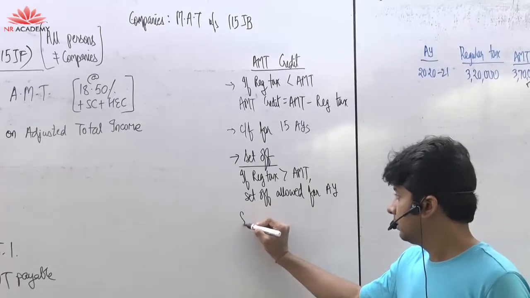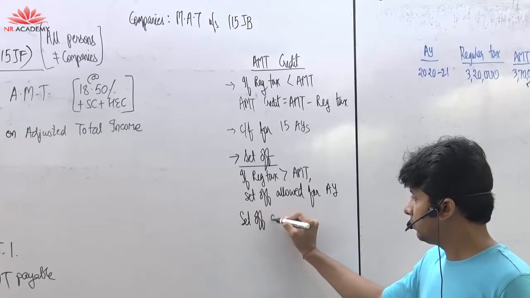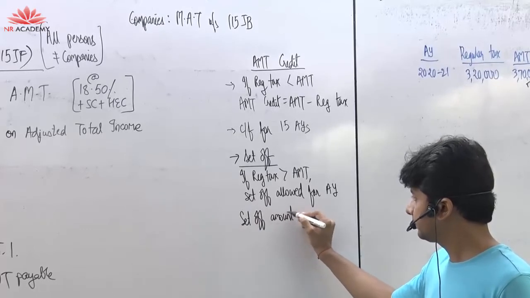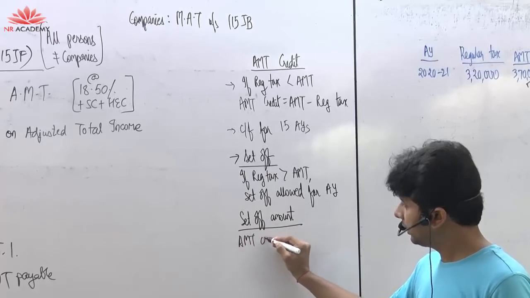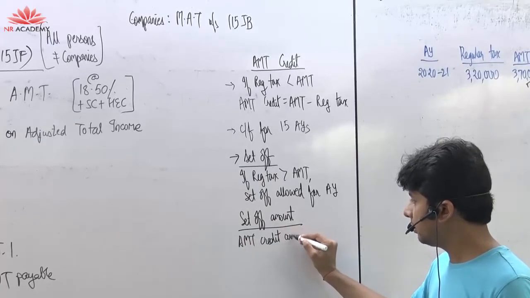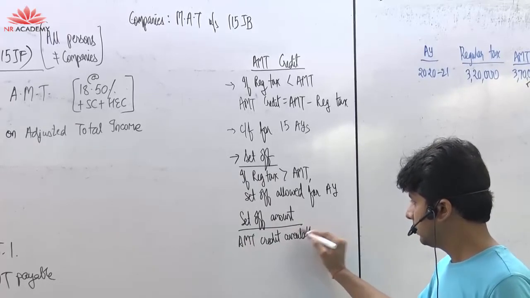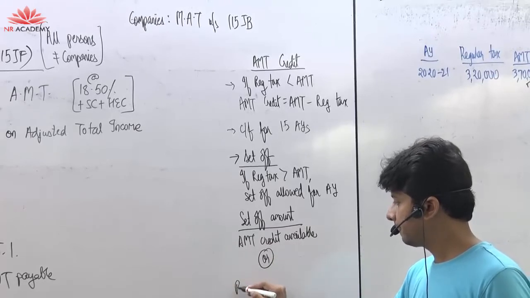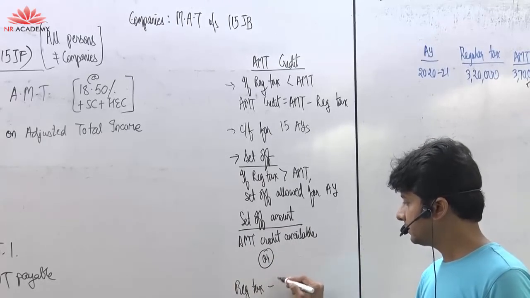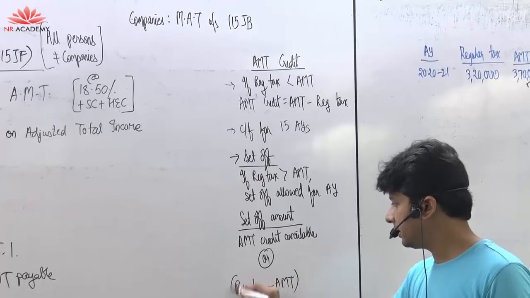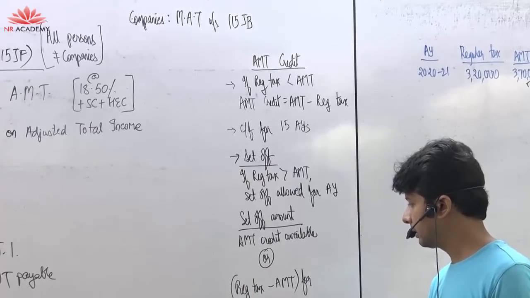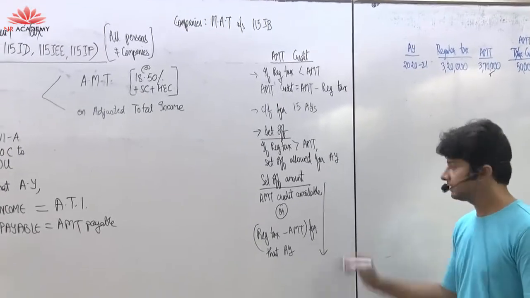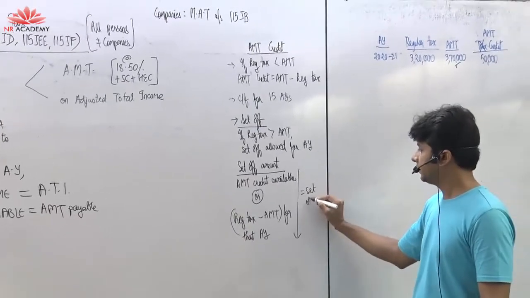So the set off amount is, in that particular year, what is the AMT credit available, and compare that with the regular tax minus AMT for that particular assessment year. Out of the two, whichever is less, this is your amount of set off.